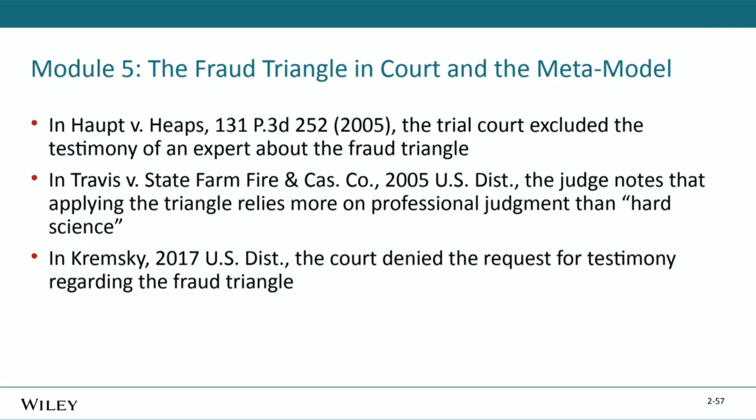Then you've got Travis versus State Farm, that was in 2005, and that was a federal district court case. Let me see what state that was in. 10th Circuit. Oh, it went up to the 10th.